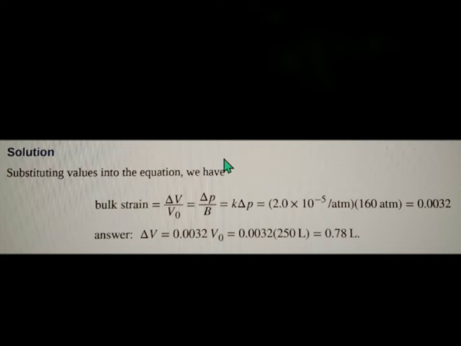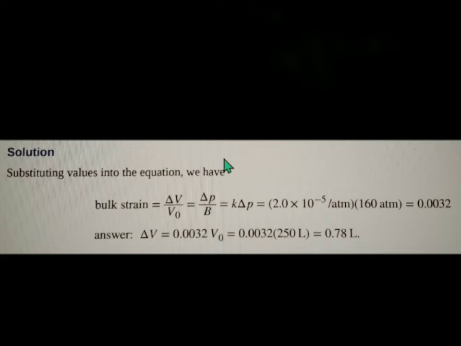And the answer is delta V equals 0.0032 multiplied by the original volume, which is equal to 0.0032 multiplied by 250 liter, which is equal to 0.78 liter.